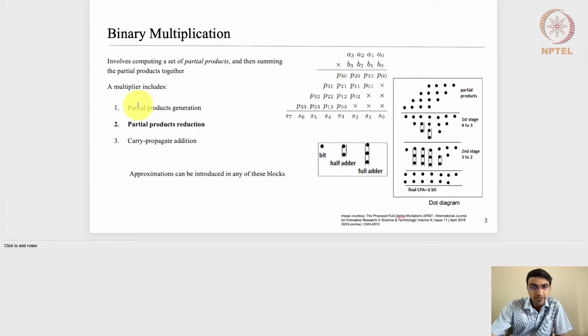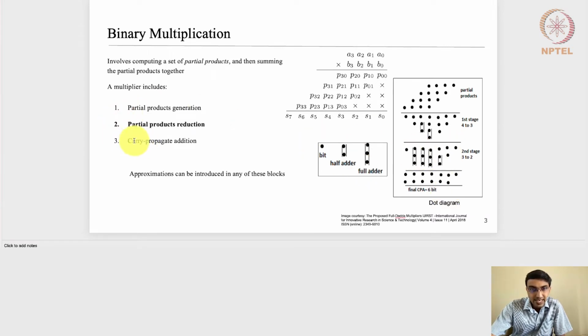So in an overview, binary multiplication can be organized into 3 stages. One is partial product generation and then rearranging. The second is partial product reduction, from the first stage the length of 4 can be reduced to a length of 3, and then the length of 3 can be reduced to a length of 2 by applying half adder or full adder designs.